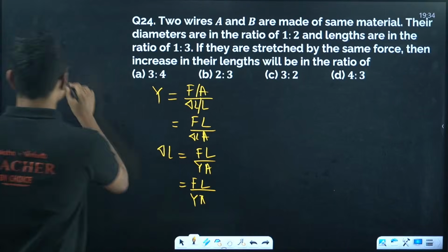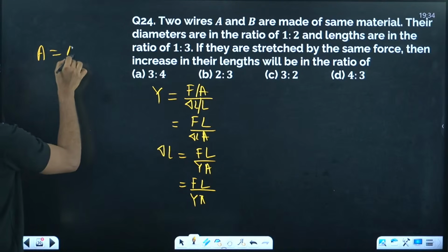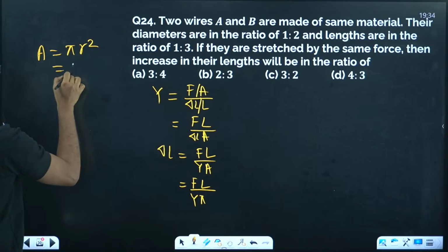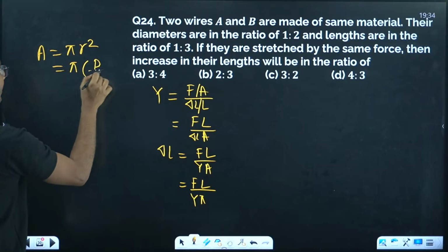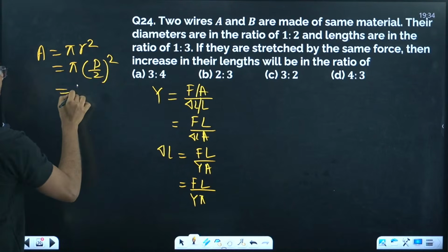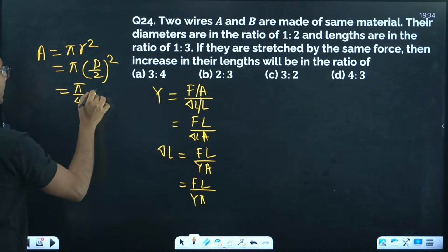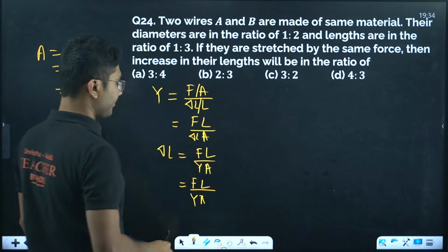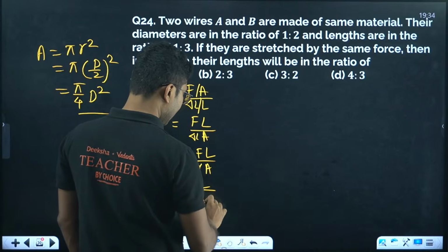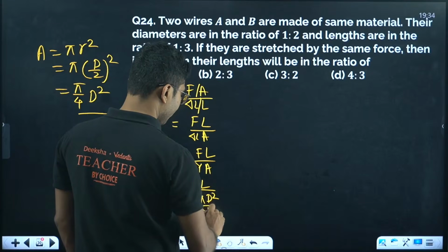What is area in terms of diameter? Area is pi r square, that is pi into diameter by 2 whole square, that is pi upon 4 d square. Put that over here, so you will get pi d square by 4.